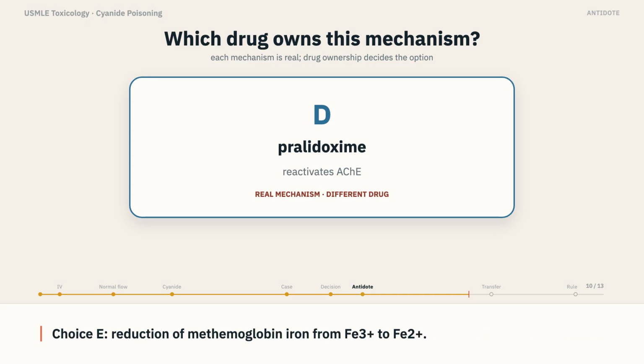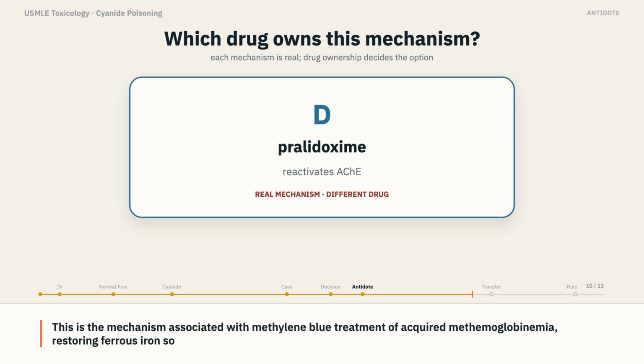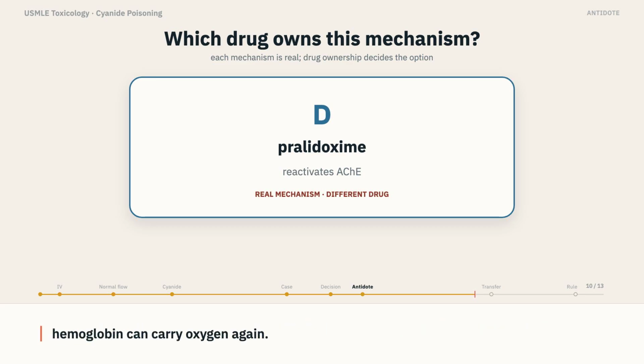Choice E. Reduction of methemoglobin iron from iron 3+ to iron 2+. Read it against option A, and you will see the trick: option E runs the same reaction backwards. This is the mechanism associated with methylene blue treatment of acquired methemoglobinemia, restoring ferrous iron so hemoglobin can carry oxygen again.